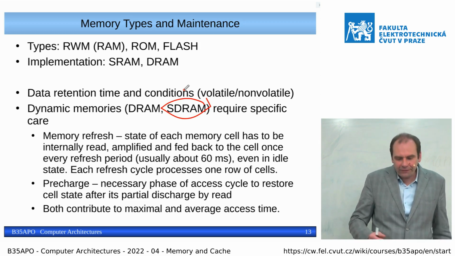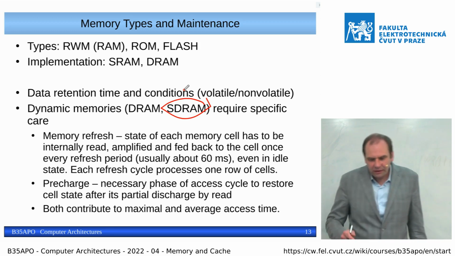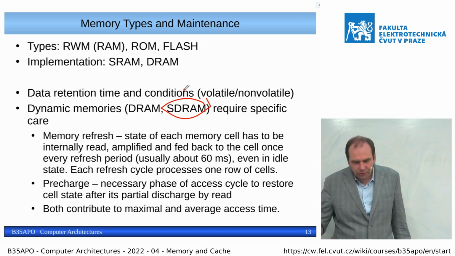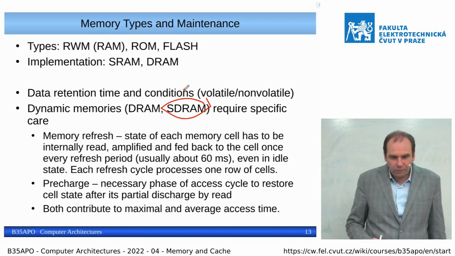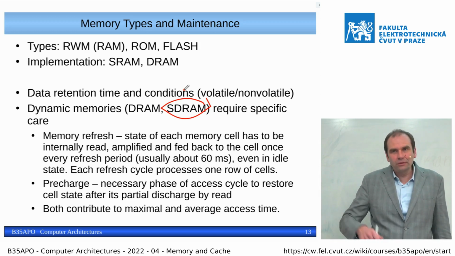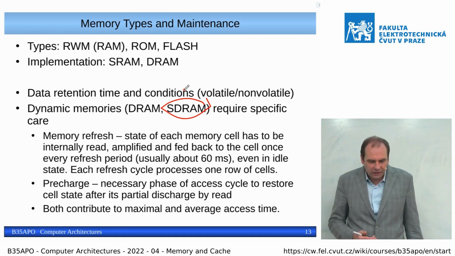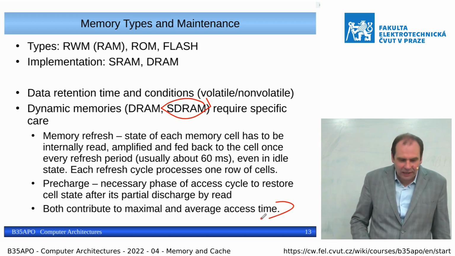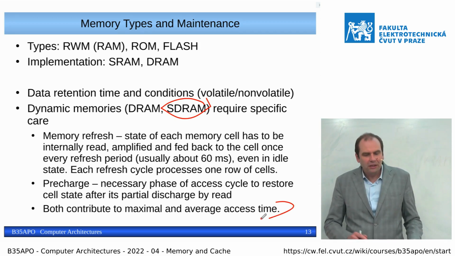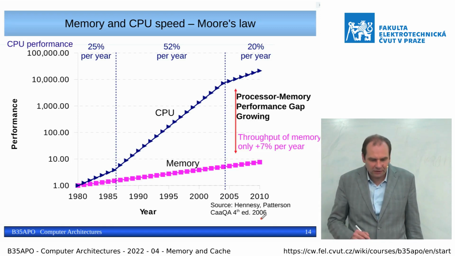And if you have a row, so basically some block, then you can read the neighboring values quite fast because they are in that output row. And at the moment when you go to the next row, again there is a long time needed for the pre-charge and so on. So the access pattern is very important for the speed at which you get the data, even if you do not use a cache, which we will get to later.